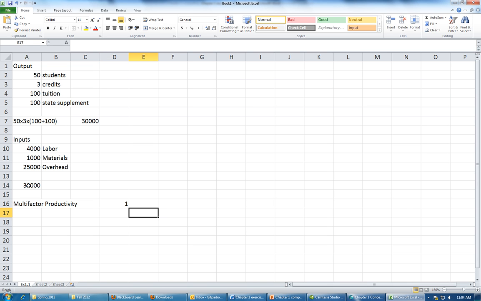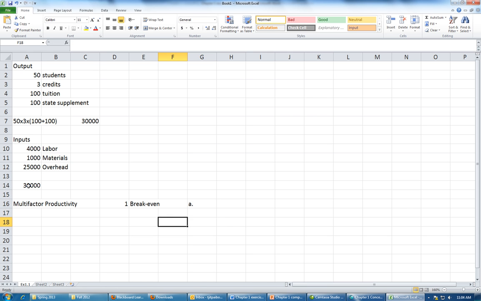When the multi-factor productivity is 1, we call this situation a break-even, because the output equals the input; the organization, in this case the university, makes no money or loses no money. And that is part A.